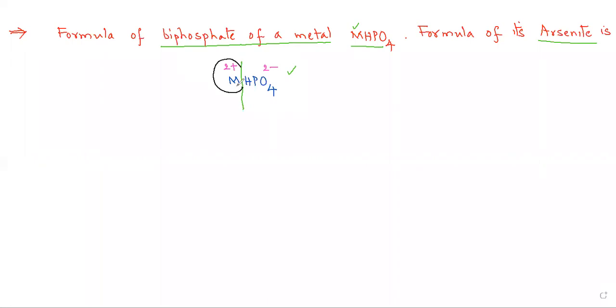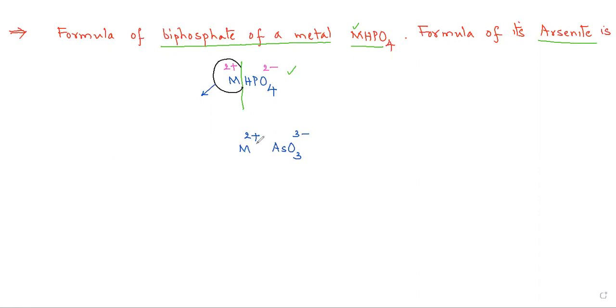Consider this. Take that metal ion formula, combine it with arsenite. You know, arsenite is AsO3 3-.